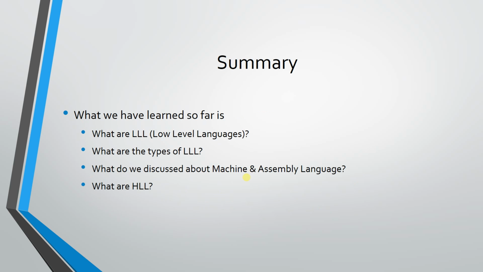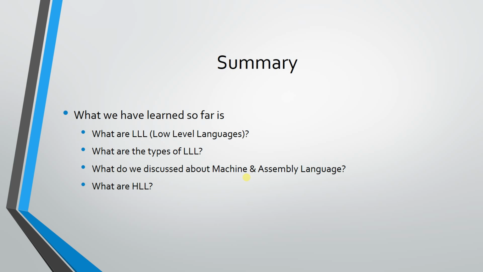So what have we learned so far? We have learned about low level languages, the languages which are close to the computer. What are the types of low level languages? There are two types: machine languages and assembly language. Machine languages are in the form of zeros and ones, in binary form, and are easily understandable by the computer.